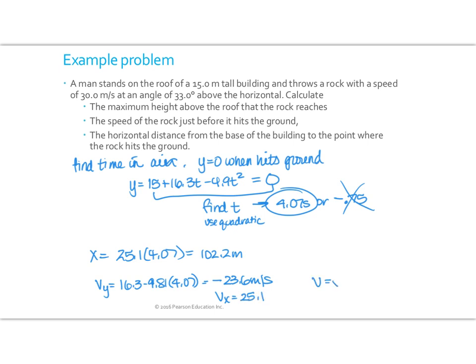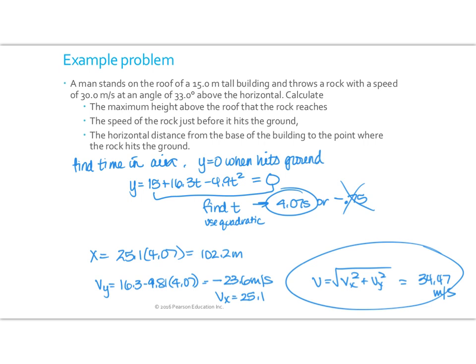The speed will be the square root of the velocity in the x plus the velocity in the y, both of those squared. Take the square root, and I'll get 34.47 meters per second. And so that will be that answer. So maybe you want to look at this problem first and then go back to the football one, because the football one was a little bit more challenging than this one.